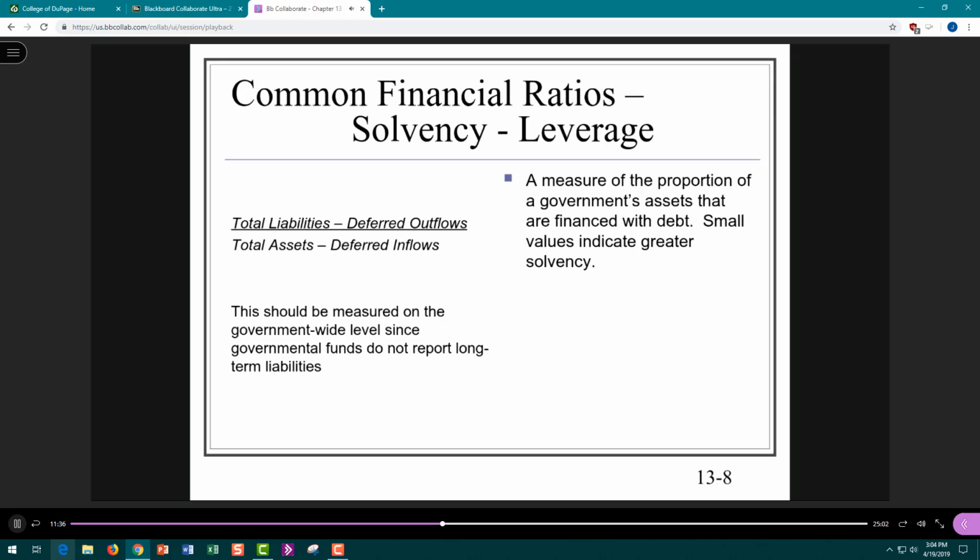So you certainly want a lower number rather than a higher number, but what we're comparing here are total liabilities minus deferred inflows, and you would compare that with total assets minus deferred inflows. So what you have here, these are all position statement items. And here what we're looking for, again, is a lower number if at all possible.